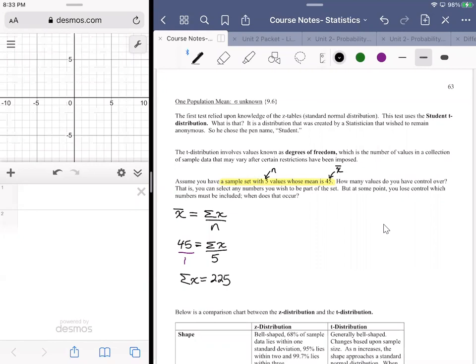If you wanted to find the mean, you would add them up and divide by 5. The number that it added to before you divided by 5 was 225, right? So I can decide on any numbers that I want to be part of this set, 1, 2, 3, 4, 5, as long as they add up to 225.